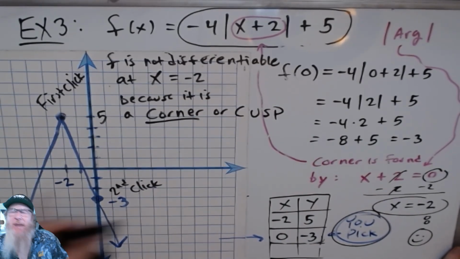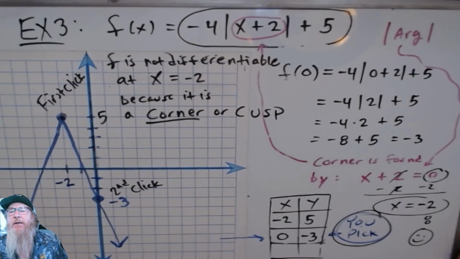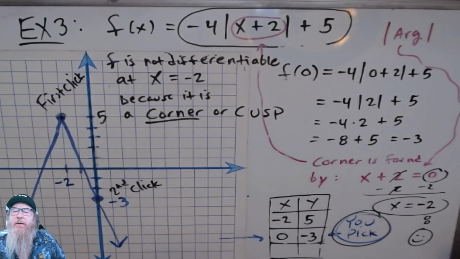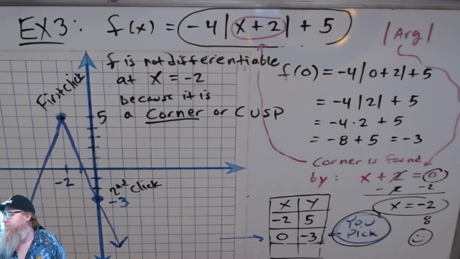Okay, again, tomato, tomato, corner, cusp. Some folks might argue that they are different, but I'm putting them in the same category. Just makes it so that you don't have so many different categories to remember. It's a point, a very pointy tip of a graph.